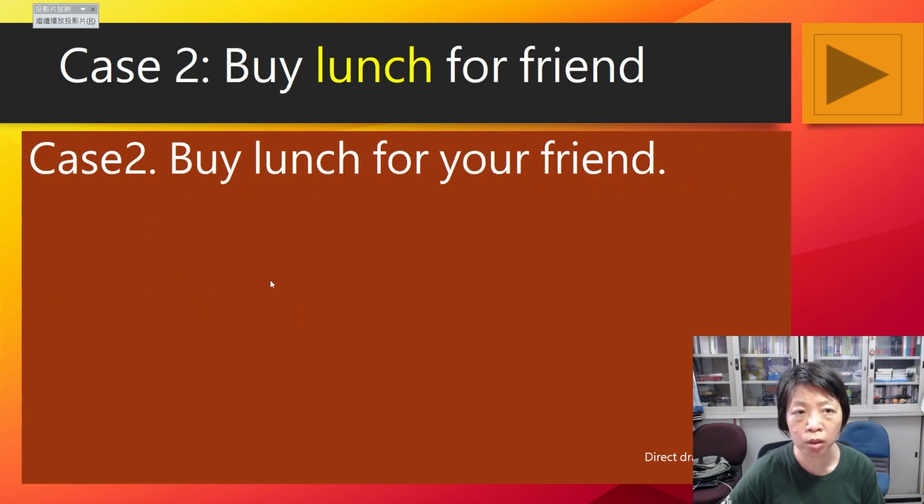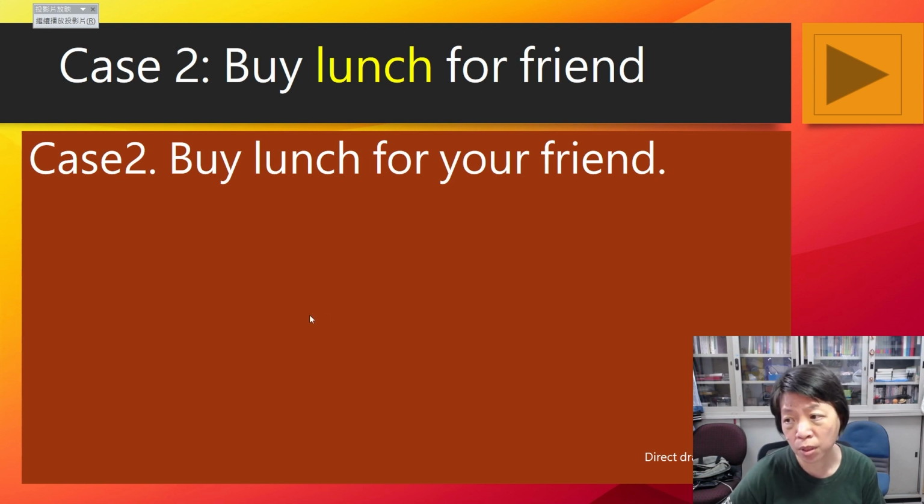Let's examine case two together. When you want to buy lunch for your friend, can you buy anything you like? No. Why? Because you didn't buy it for yourself, right? So, how about your friend's need?